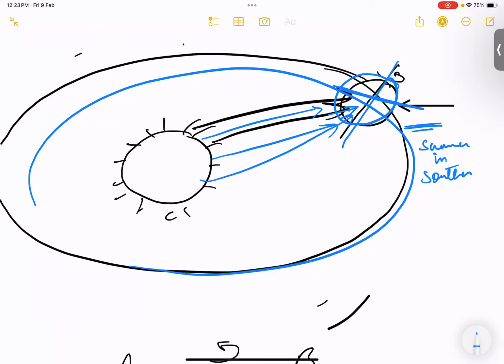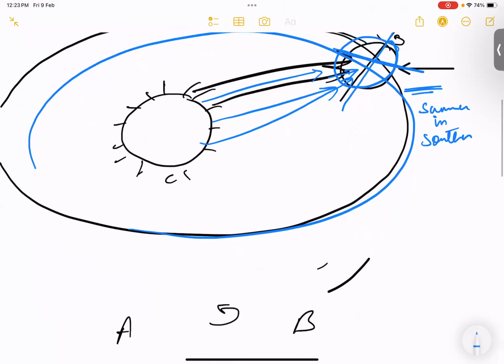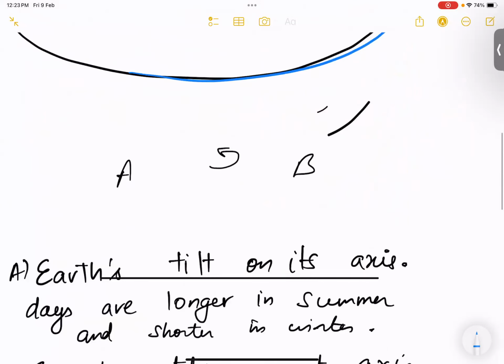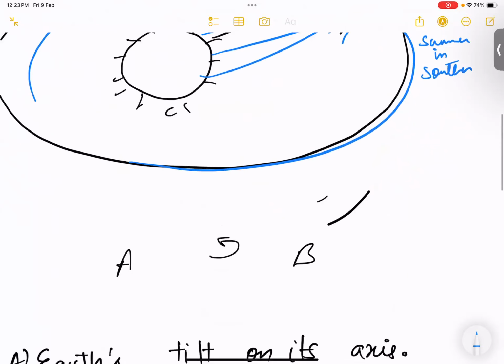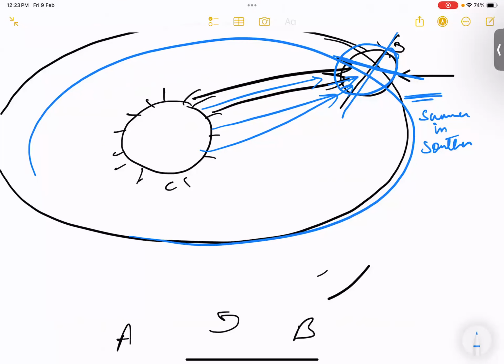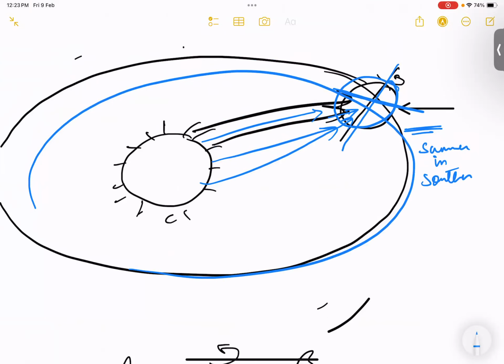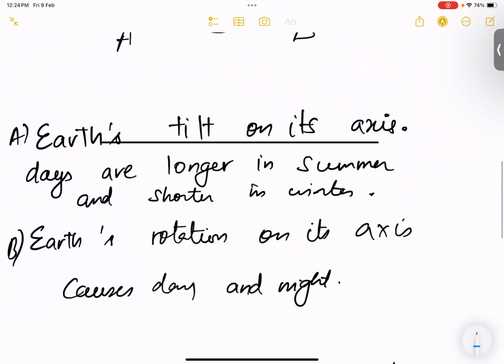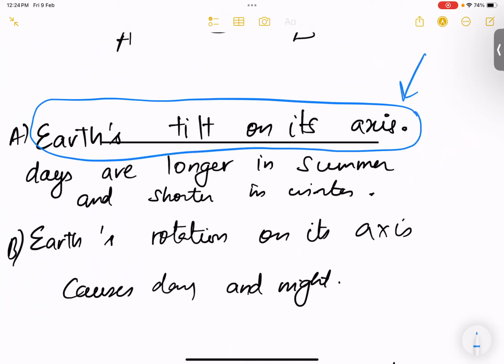So it's going to be hot and warm, and that's why the people in the southern hemisphere are going to experience summer. Also, it's very important that we know that the Earth's revolution around the sun is in an anti-clockwise direction. Now, there are two features of Earth which we need to understand. When we say that Earth is tilted on its axis, what are the after effects of this?